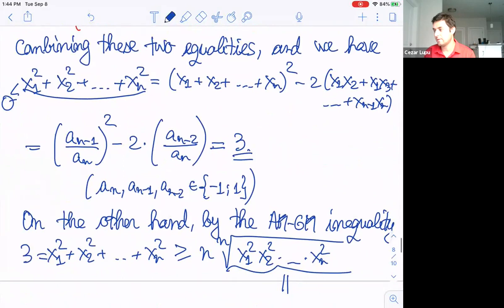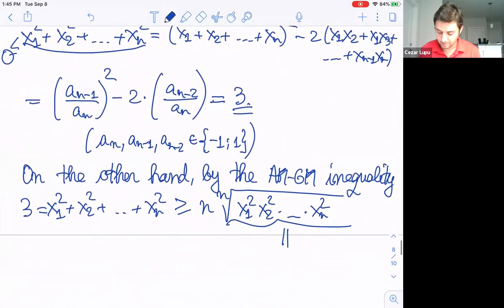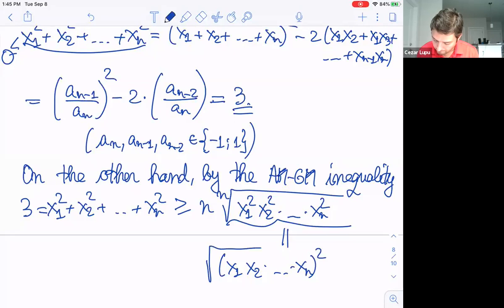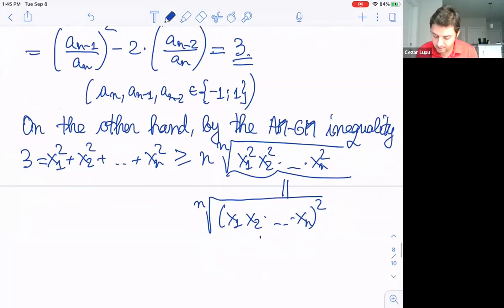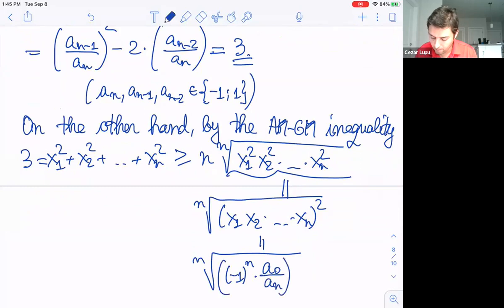By the product, the square will be what? Keep in mind that this is (x1 x2 ... xn) squared, right? The n-th root of this. But this guy is nothing else than just what by Viète? (-1) to the n times a0 over an, and everything squared.